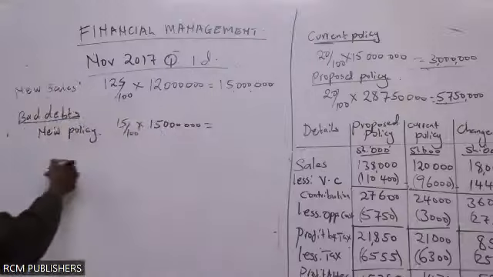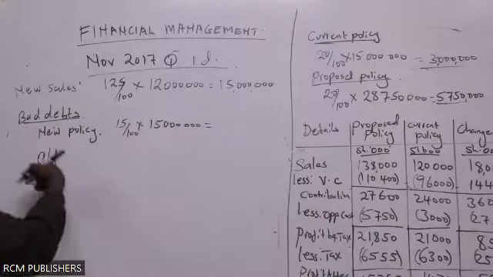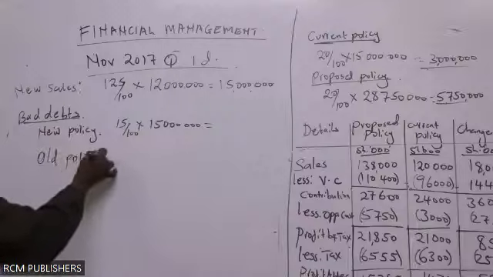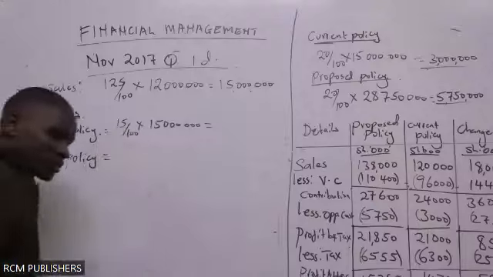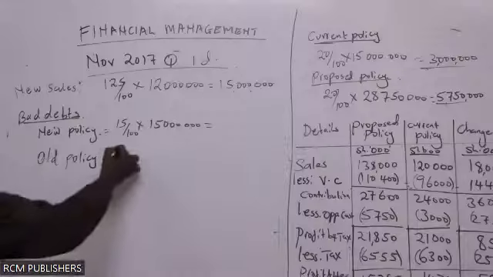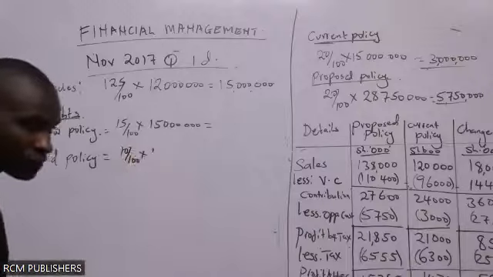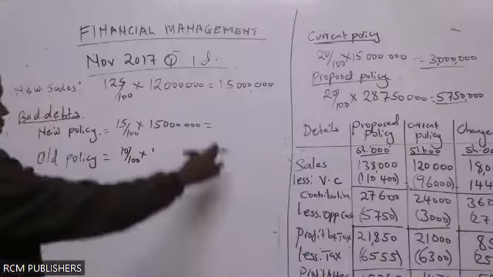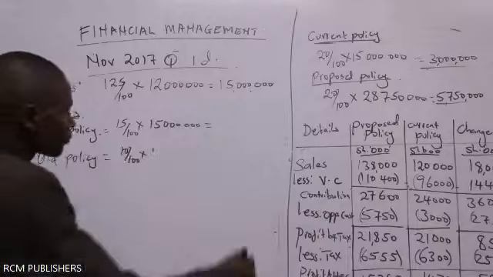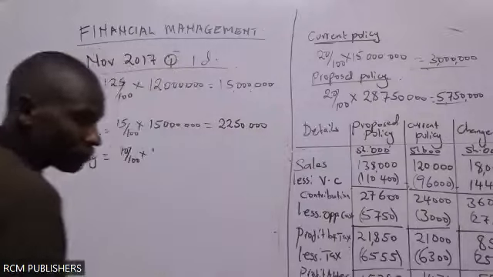Of course, it will be 15%. What about for the old policy? This new policy is the proposed policy, the old policy is the current policy. So when I use these names please don't get confused. It's the same. So the other one, remember, how much will the bad debt be? 10% of 12 million is 250,000.